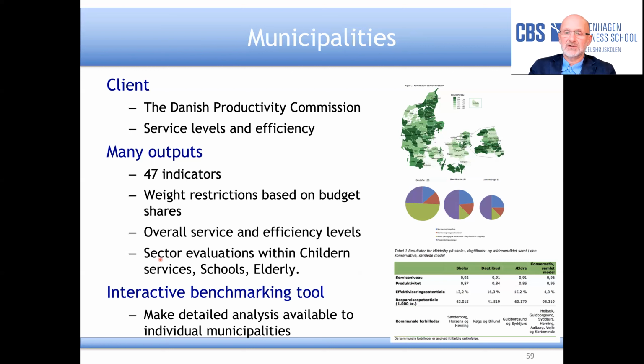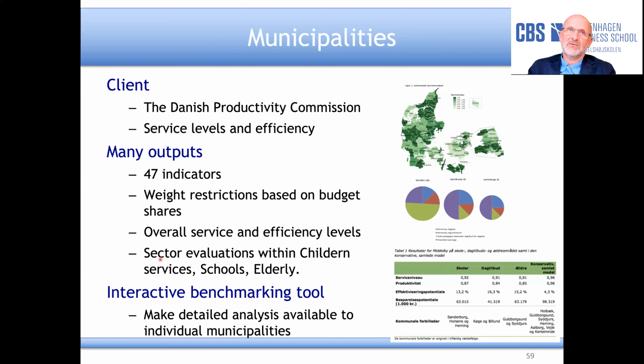One of the more advanced DEA tools you can use, which we will cover in a later lecture. But the idea was basically to say that you cannot say that the only important thing is, for example, to maintain the roads. It might also be important to take care of the elderly or to care of the school children and to have a library service.